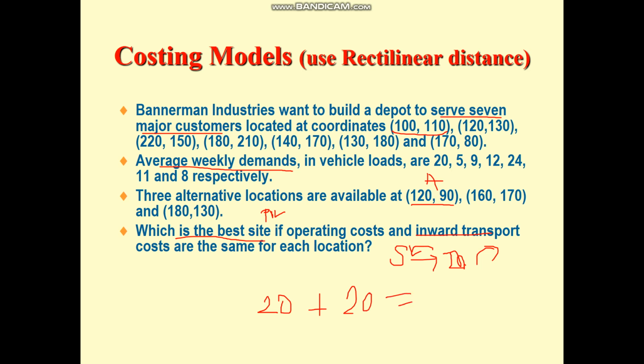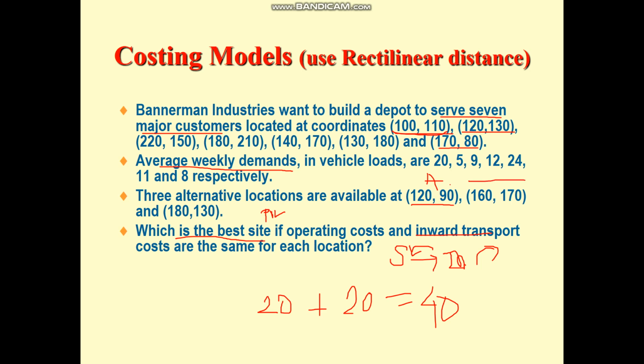So the rectilinear distance between location A and the first customer is 40. So on and so forth, you can calculate the distance from the second customer to location A until customer 7 to location A. And the same, you can also calculate the distance from the first customer to locations B and C.